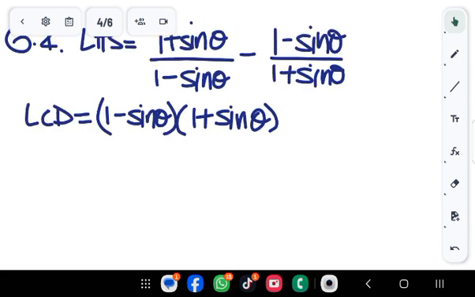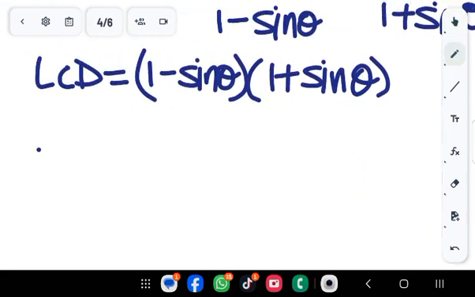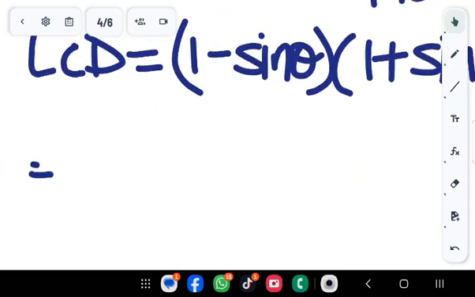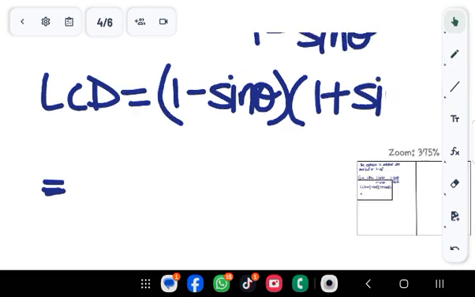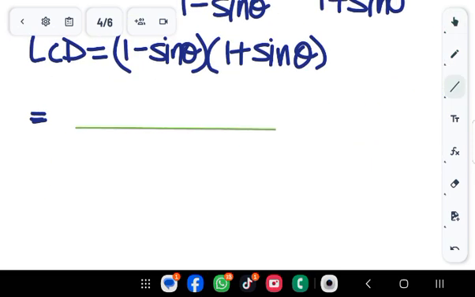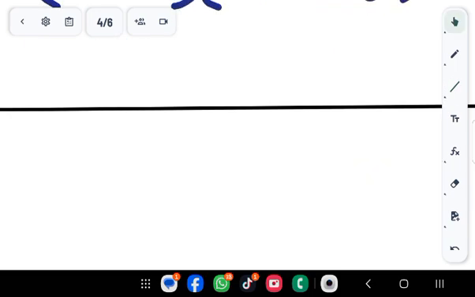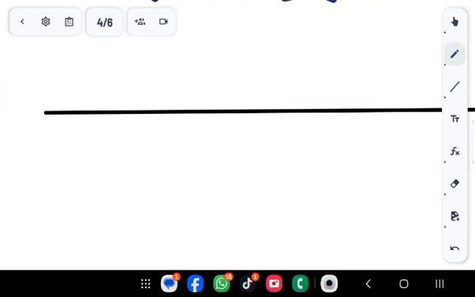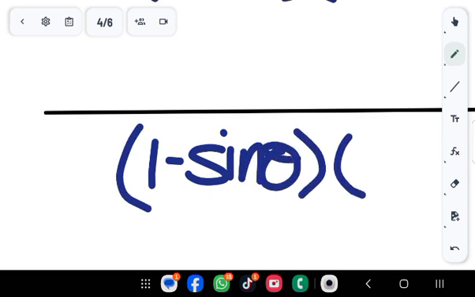Now let's rearrange this fraction. The LCD now becomes the denominator: 1 minus sine theta times 1 plus sine theta.